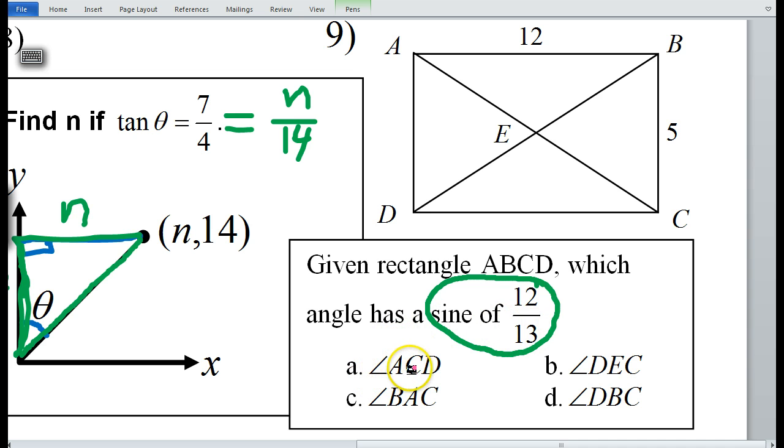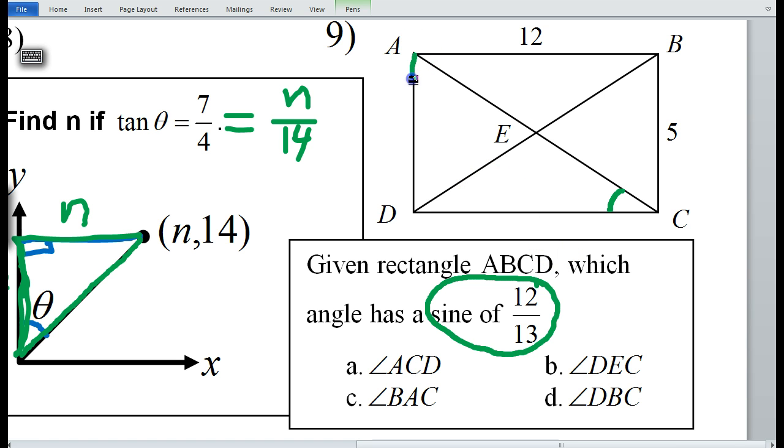Look at angle ACD. Okay? No, not triangle. Angle ACD. That would be this angle right here. Now remember, I need the big triangle, not the small triangle.